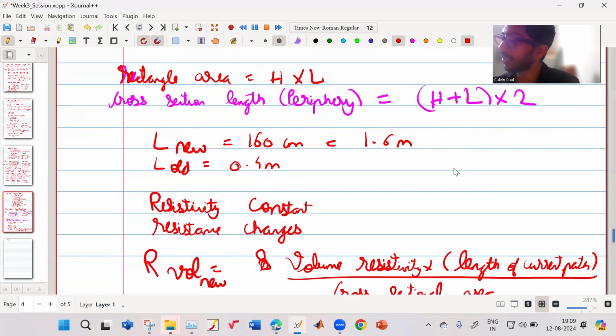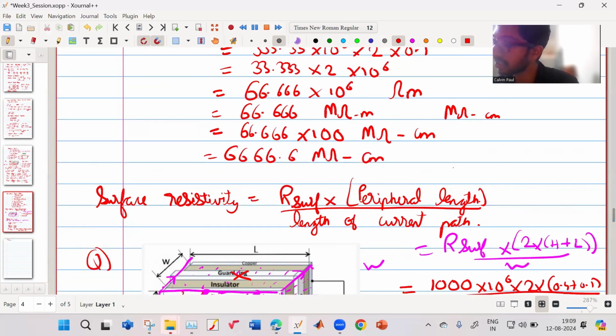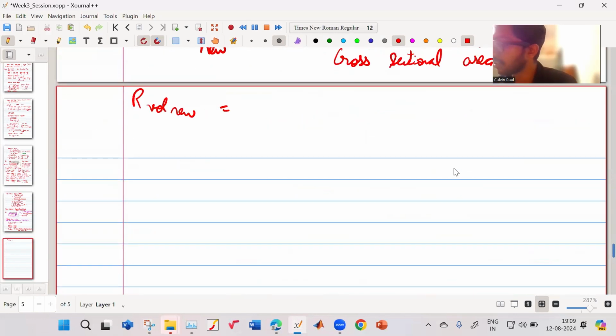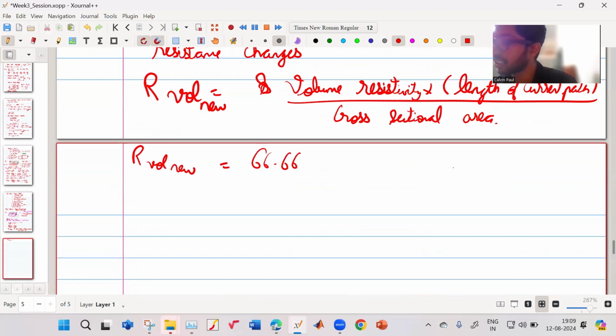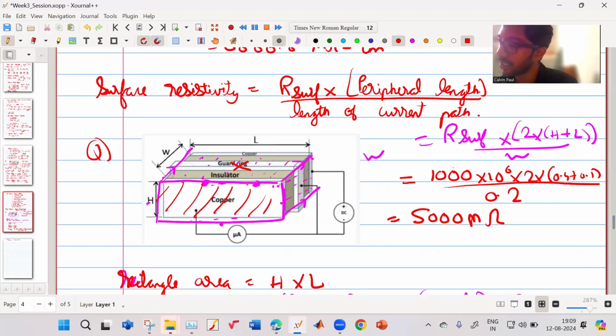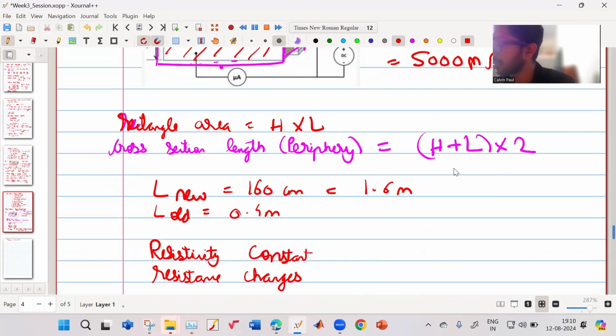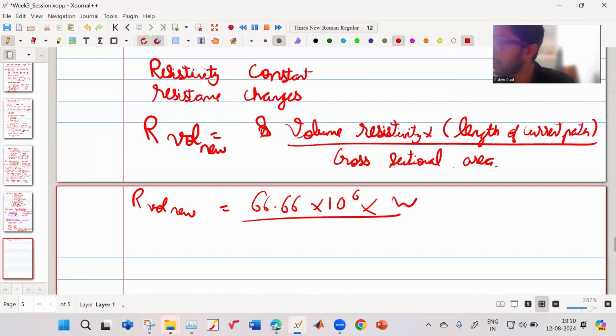The volume resistivity we had calculated was 66.66 mega ohm meter. I prefer always to use the SI unit, meter, all that. I don't like centimeter. So that is 66.66 mega ohm, so that becomes 10 raised to power 6 ohm meter. What is the length of the current path? If you see, W is your current path length, and that has not changed. What has changed is only your L. So that will become rho_v into W divided by H into L.